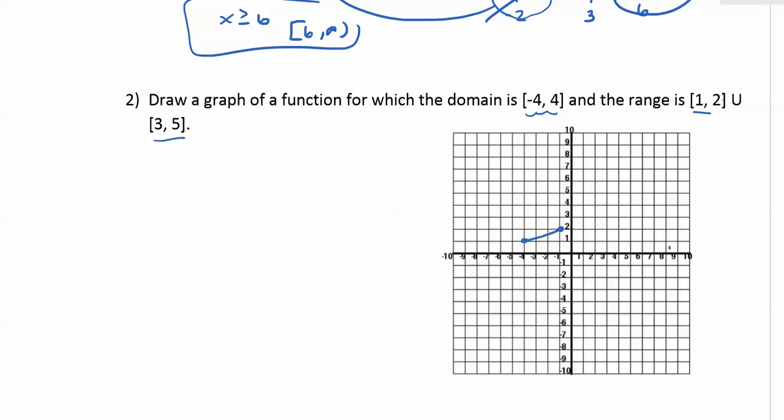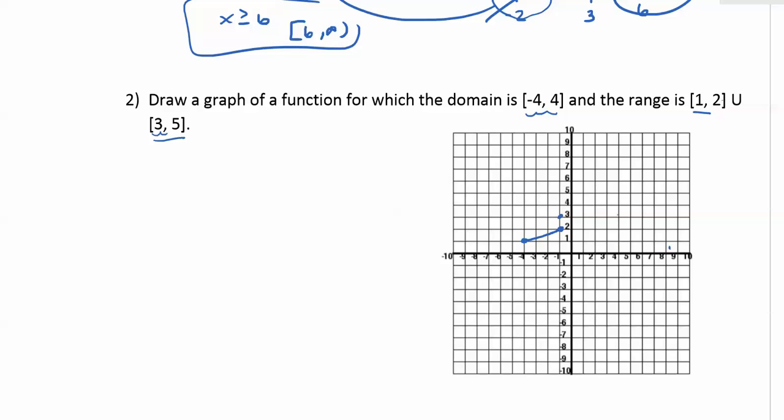Now I want to have a gap in the range. So I want to jump up to the range of 3. So jump up to 3, and let's put a point above the point that I just did. So this point's going to be at negative 1, 3. And I want the height to be up to 5, but I want to end my domain at 4.